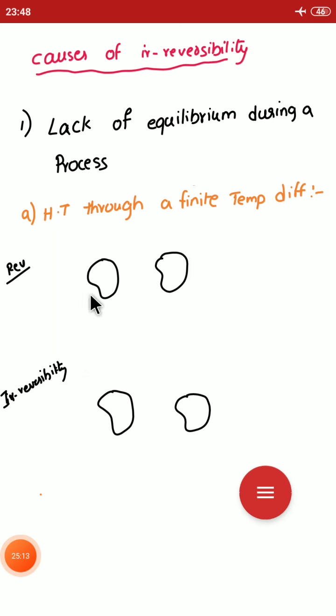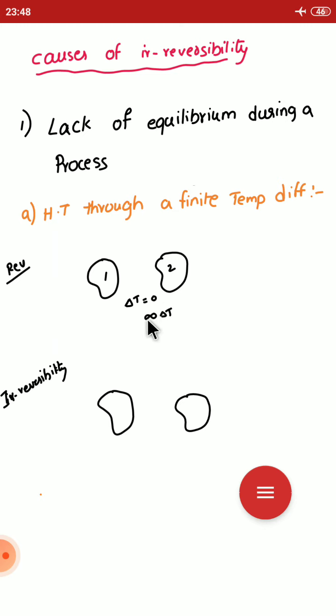A heat transfer process approaches reversibility when the temperature difference between the two bodies approaches zero, delta T equals zero. We define a reversible heat transfer process as one in which the heat transfer takes place at an infinitesimally small temperature difference.